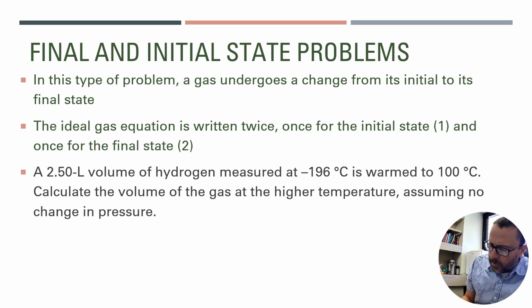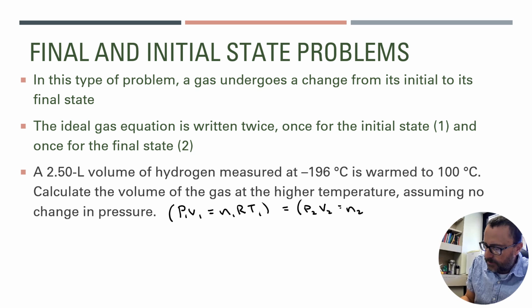So what I'm going to do is start by writing the ideal gas law twice. P1V1 is equal to n1RT1, and I'm going to set that whole thing equal to P2V2 is equal to n2RT2. I'm going to get rid of anything that was a constant in this problem.